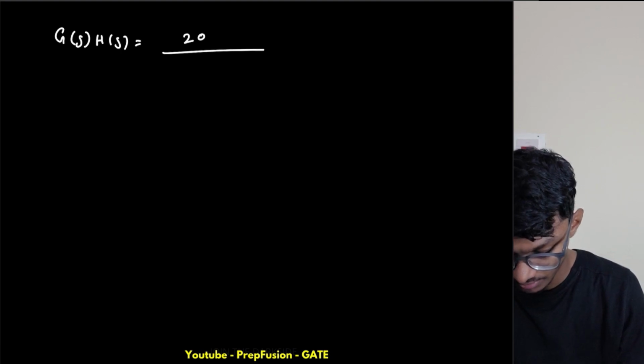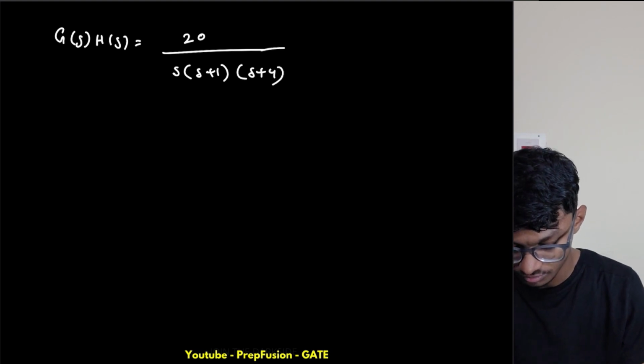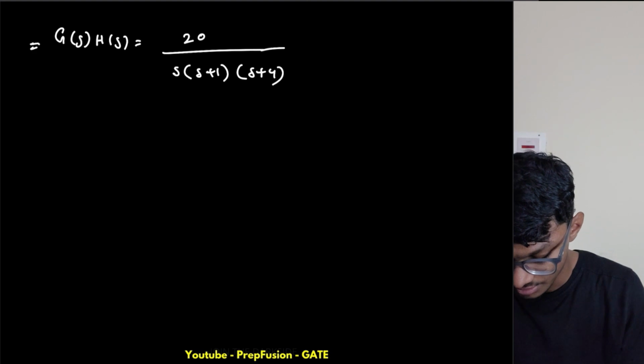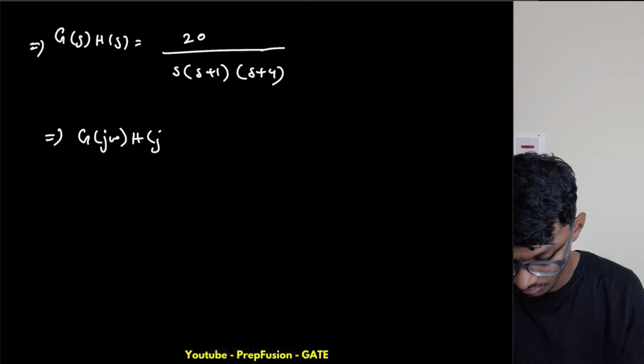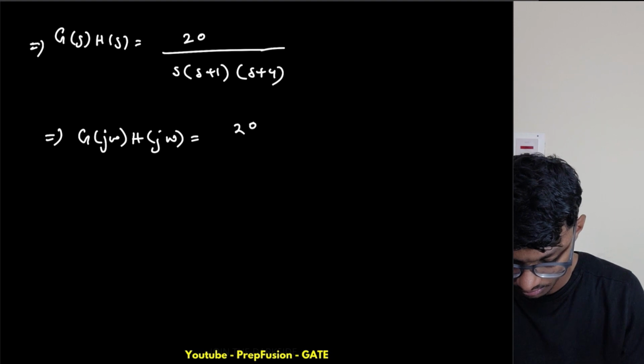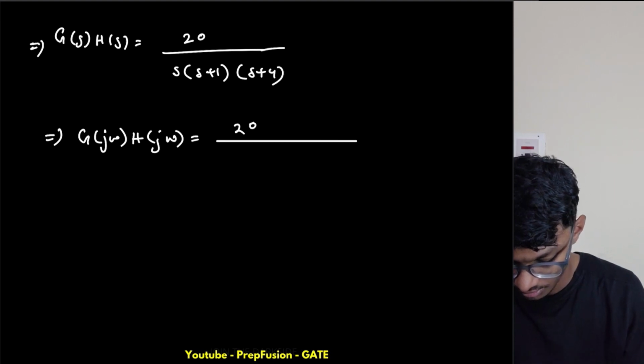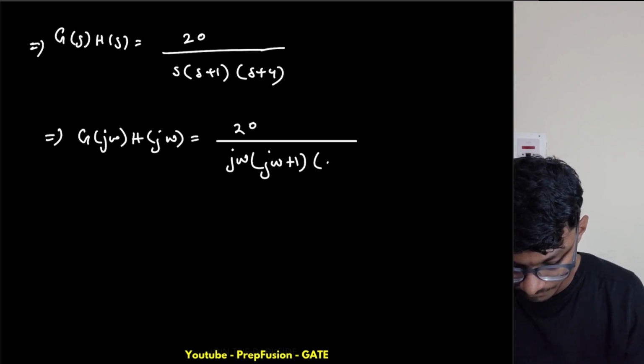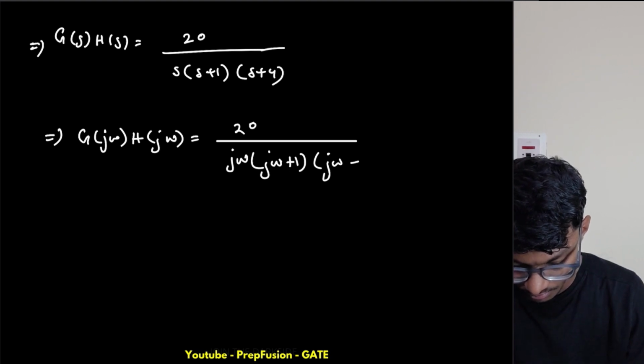It is 20 by s into s plus 1 into s plus 4, and again the frequency response equals to j omega plus 1 plus 2.